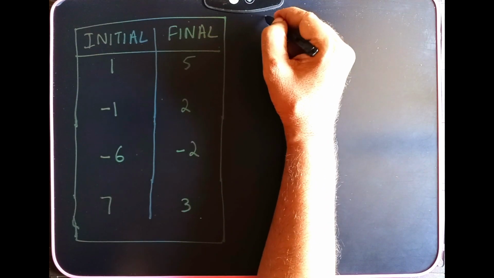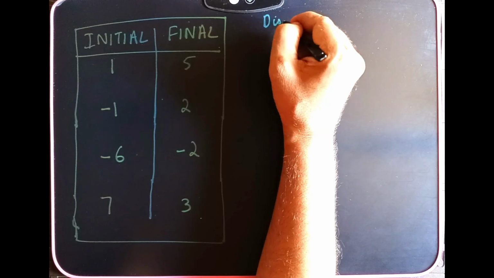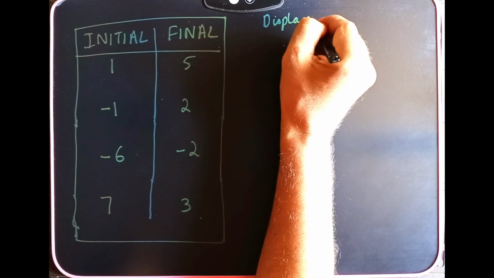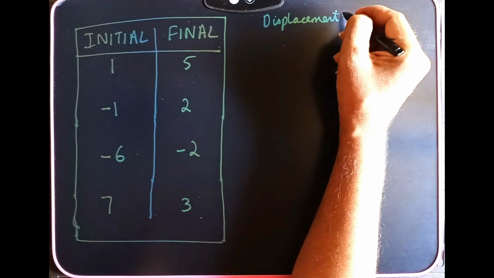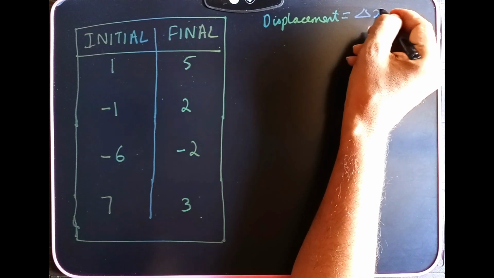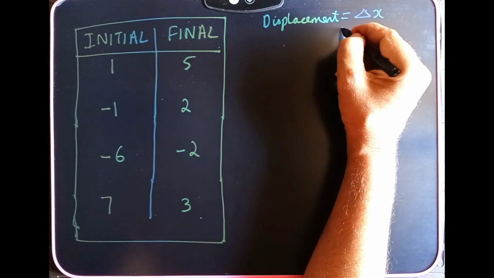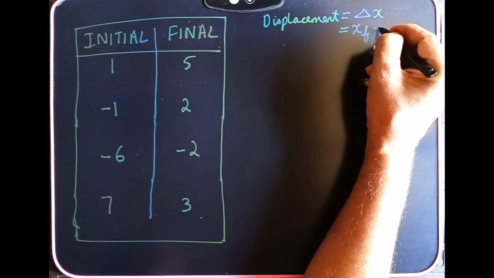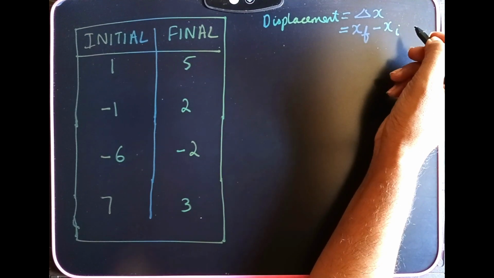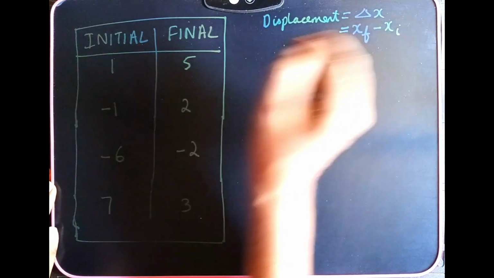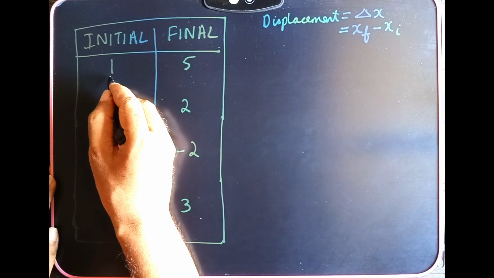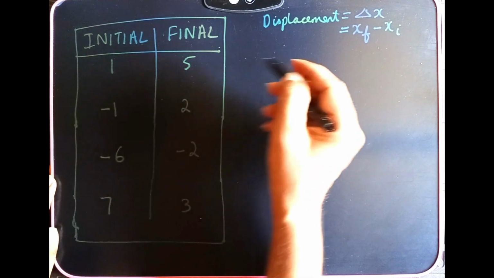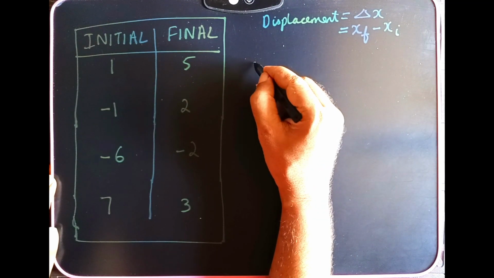So displacement, as we have studied, is a change in position. It means the final position minus the initial position. Now in this example where you have initial position as 1 and final position as 5, if I have to draw it on the coordinate system, how will it look?